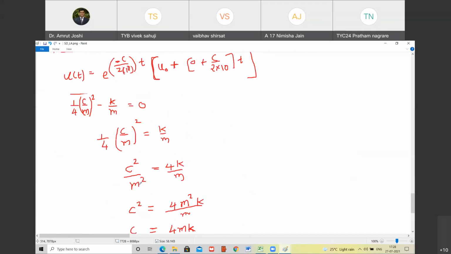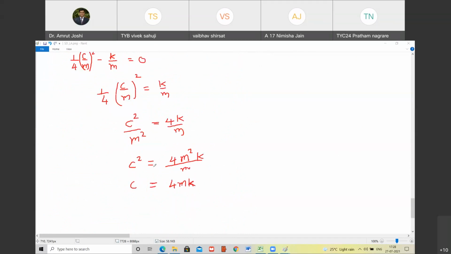And therefore C square upon M square is equal to 4K by M, and therefore C square is equal to 4 MK, and C is equal to square root of 4 MK, that is 2 root MK. Has everyone understood this part? Please type your response in the chat box so that I can proceed.